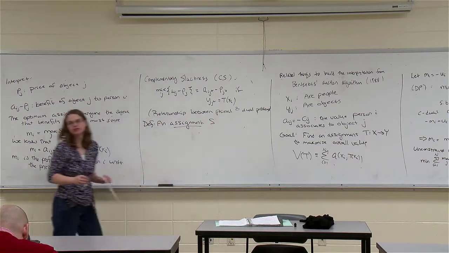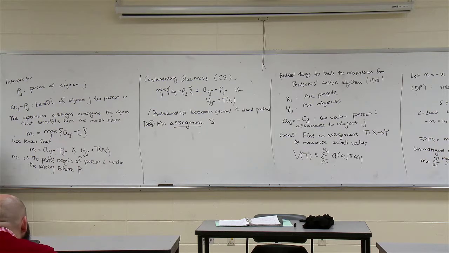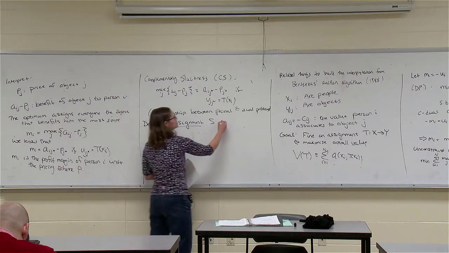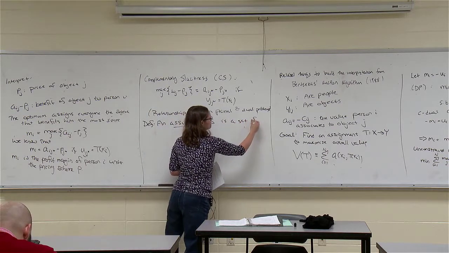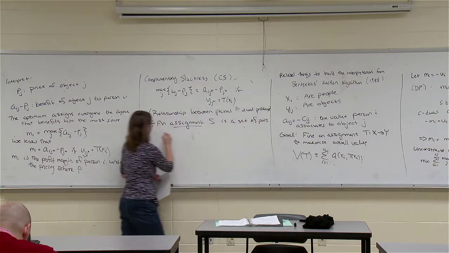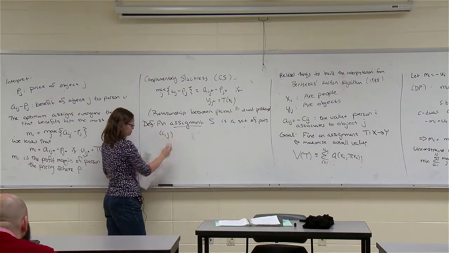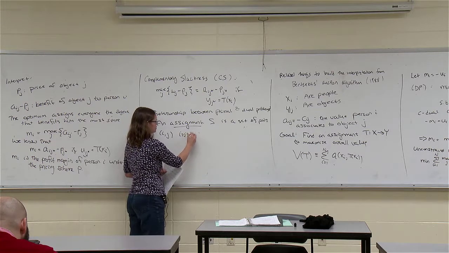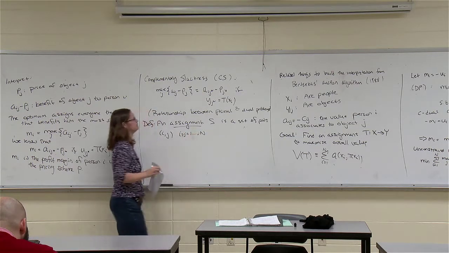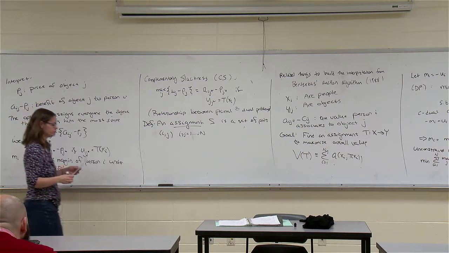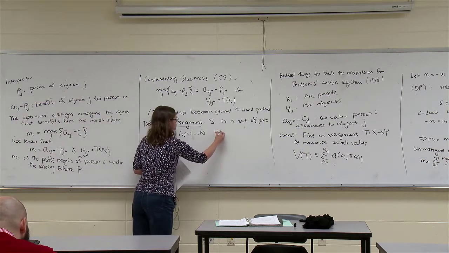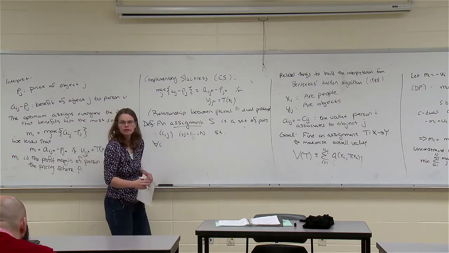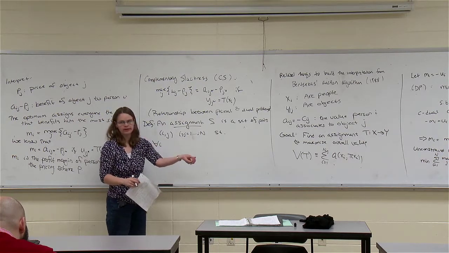So an assignment is going to be a set of pairs. It's just going to be the set of pairs of person i with object j that he gets assigned to. Okay, so it's a set of pairs (i,j), with both i and j being between 1 and n, such that, for all i, each person gets assigned to at most one place.